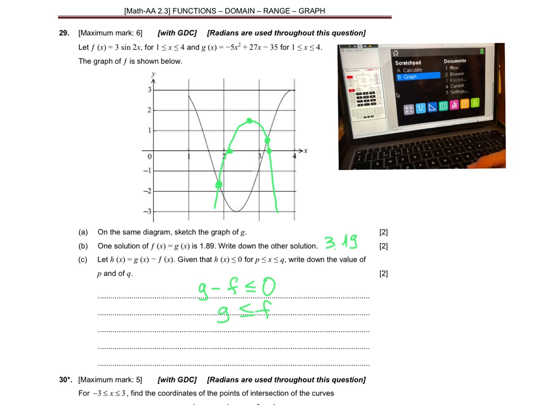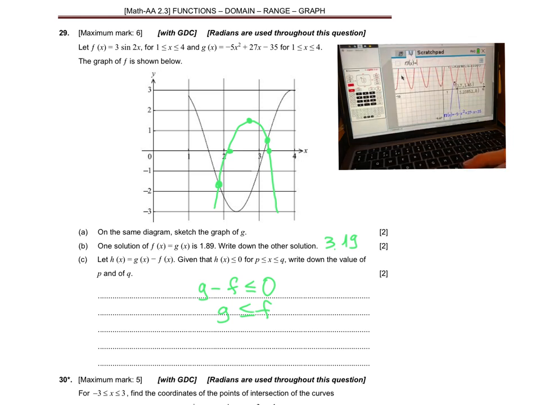Sorry, I've ruined that. Tab, we'll fix it. It was 3 sine 2x, enter. Okay, so again, we want our blue line to be less than our g function, our quadratic parabola, to be less than our red line.